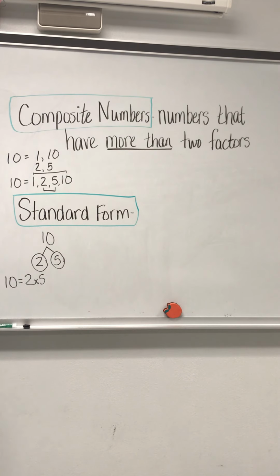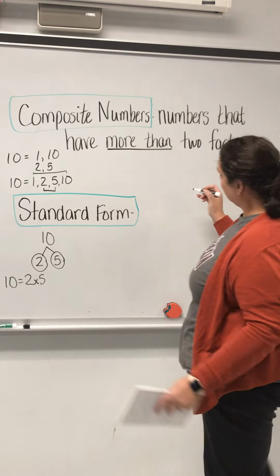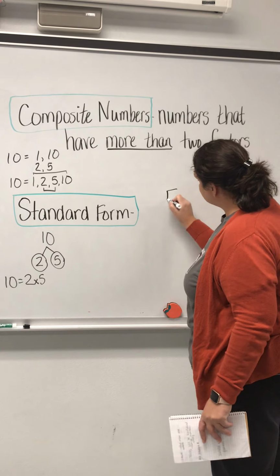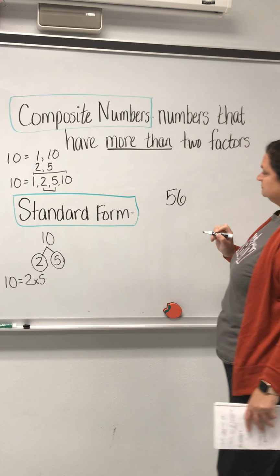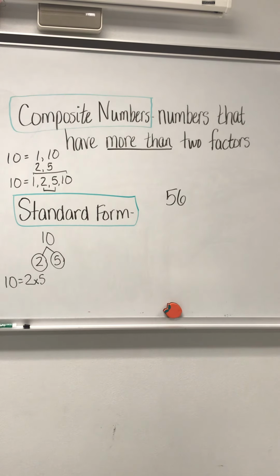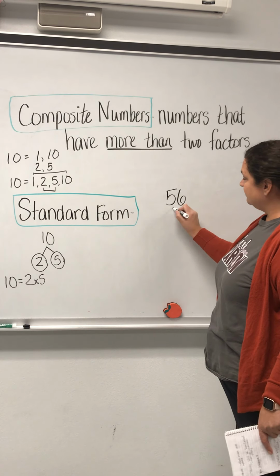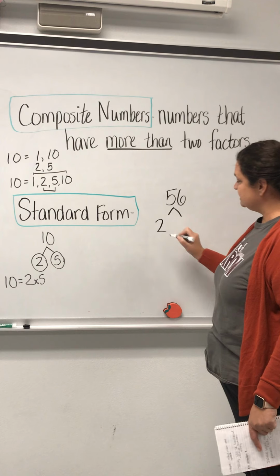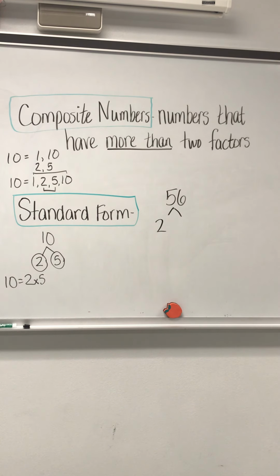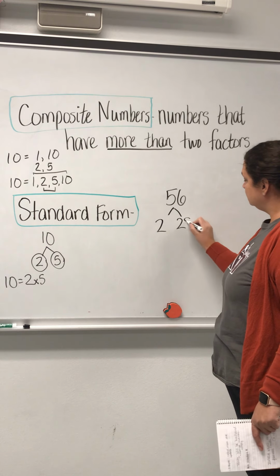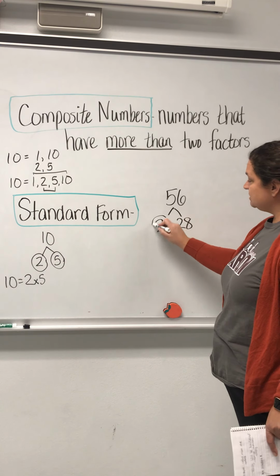Let's do another example over here. I'm going to do the number 56. It's going to give us a lot more numbers than 10 did for sure. Now 56 ends in an even number, so we know that 2 goes into it. 56 divided by 2 will give us 28. Now 2 is prime, so I can circle that.